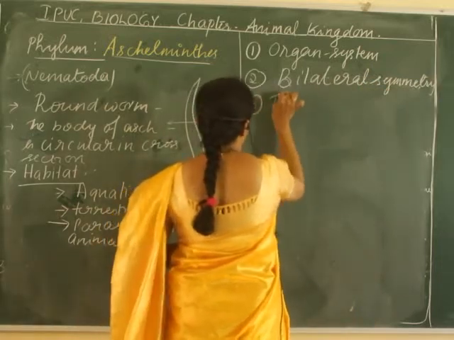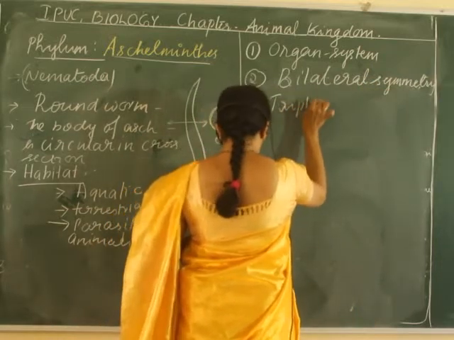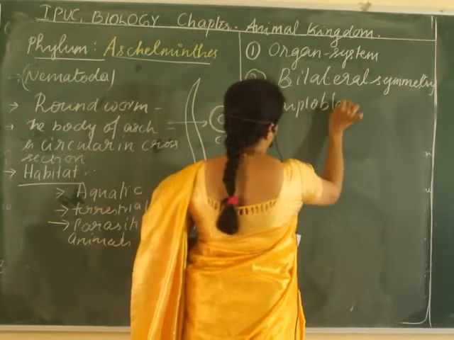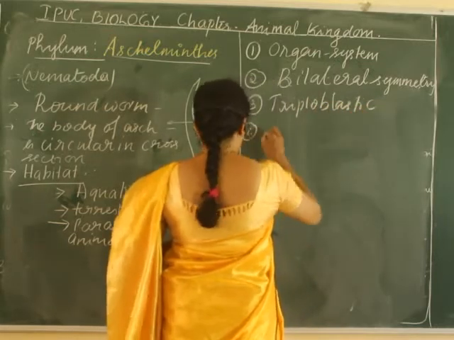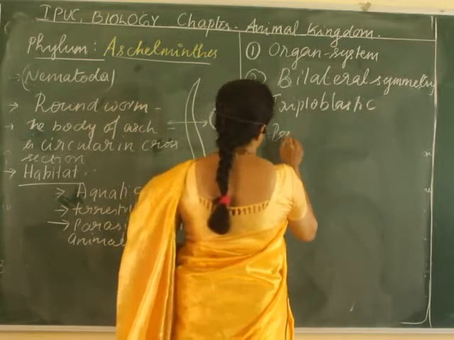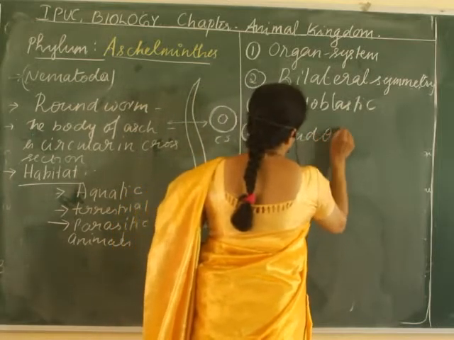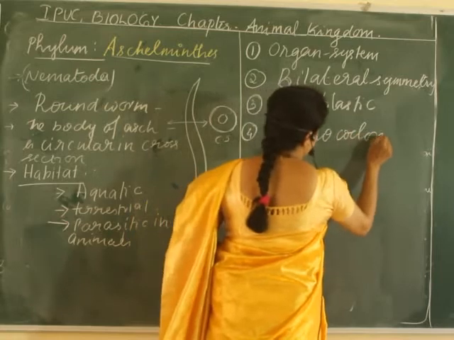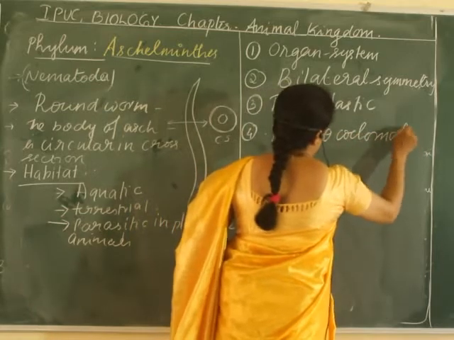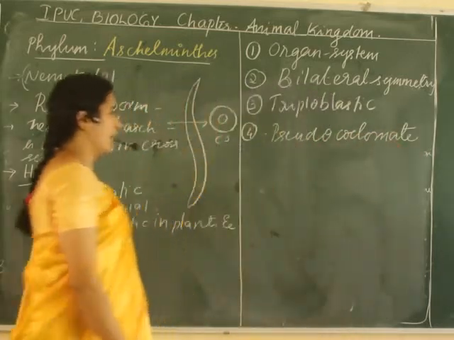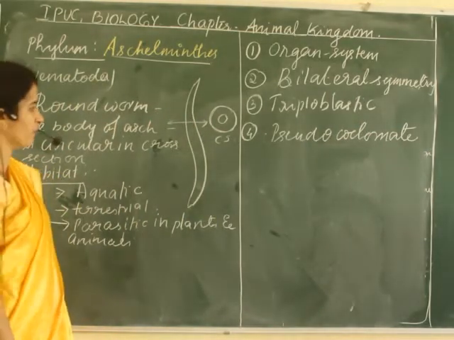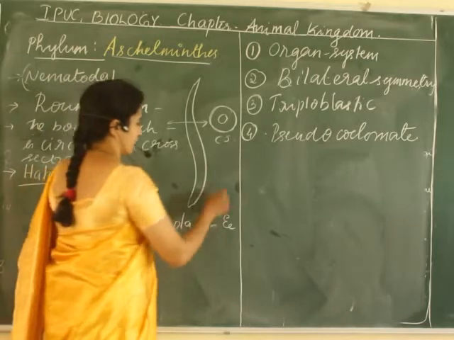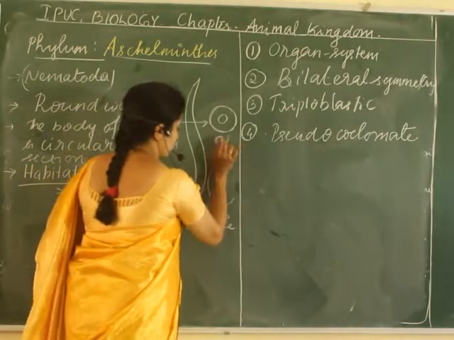Then, are they diploblastic or triploblastic? They are triploblastic. They also have a cuticle. Then about the coelom: the only phylum to possess a pseudocoelom is Aschelminthes. They are pseudocoelomate.